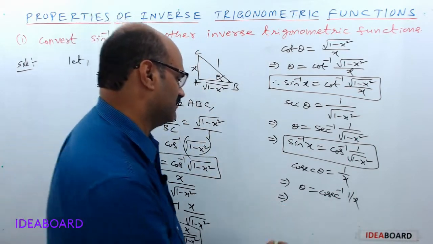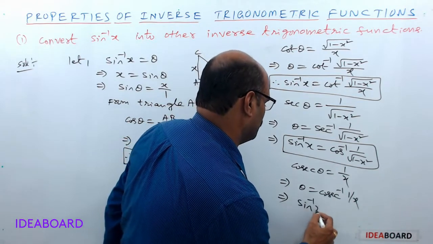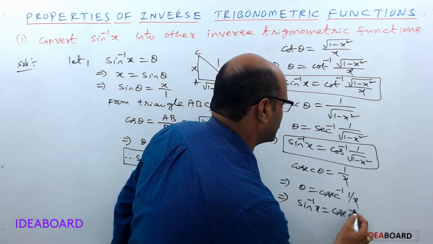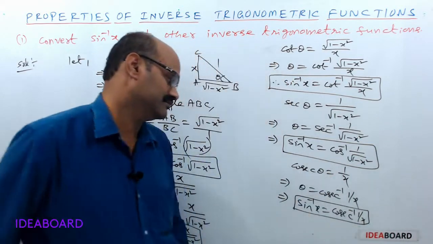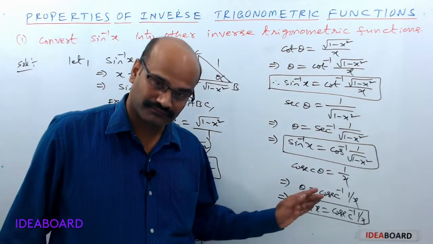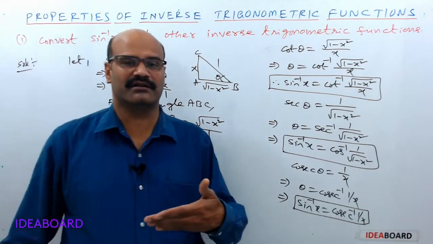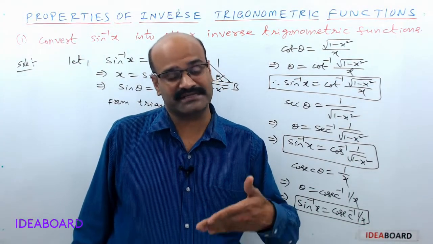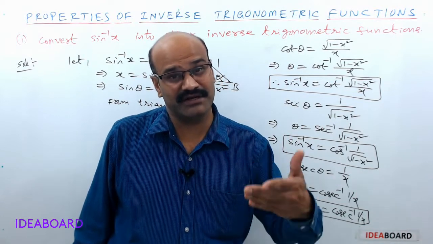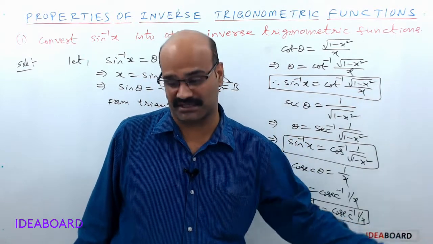Theta means sin inverse of x. Therefore we are getting sin inverse x equal to cosecant inverse of 1 by x. So whenever we have one inverse trigonometric function, we can express it in terms of any other inverse trigonometric function.